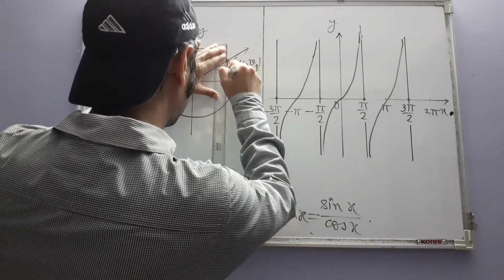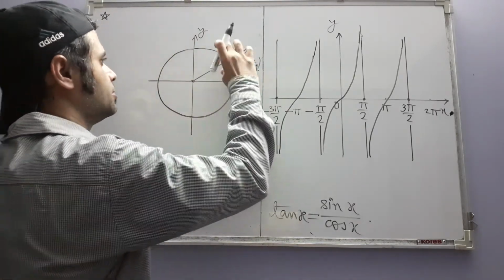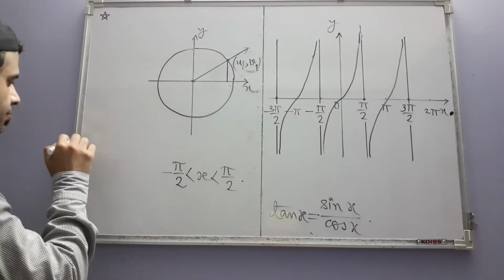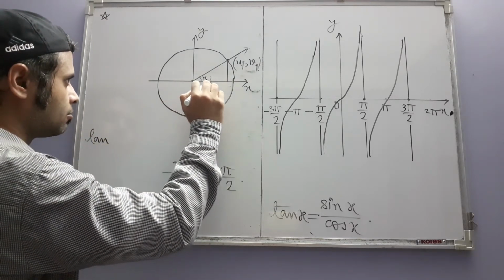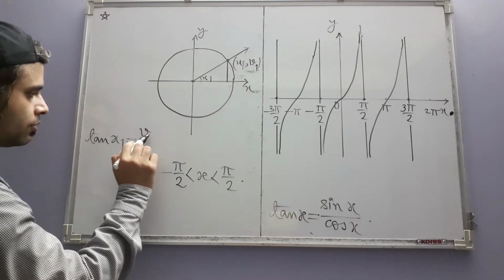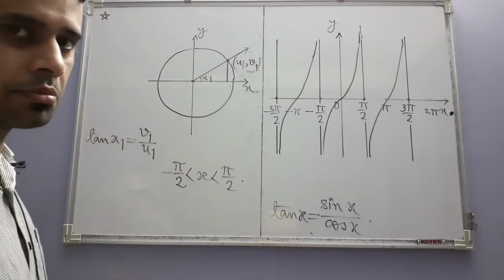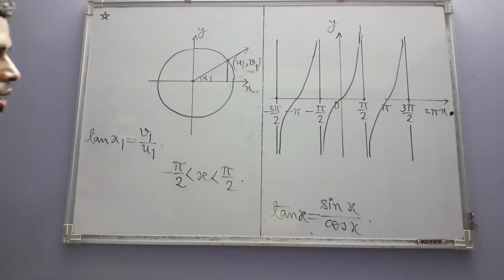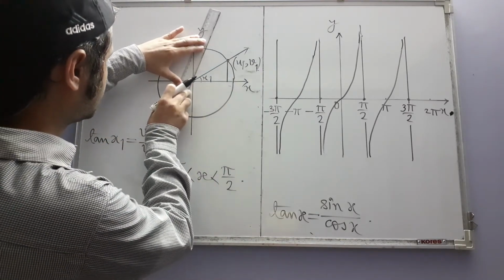So this is u1 and this is v1, and by the definition of tan x, or rather tan x1, tan x1 is v1 divided by u1. Fine, that is just simply the definition. Okay, now what will happen if x1 increases, if the angle is larger?